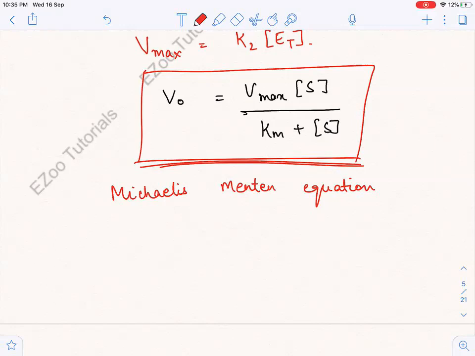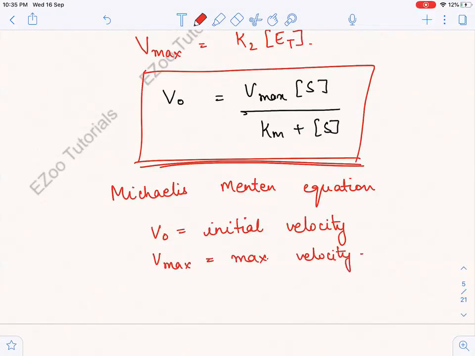Where V naught is equal to the initial velocity. You derive it and you will enjoy it. Vmax is the maximum velocity, Km is the Michaelis constant, and S is the substrate.